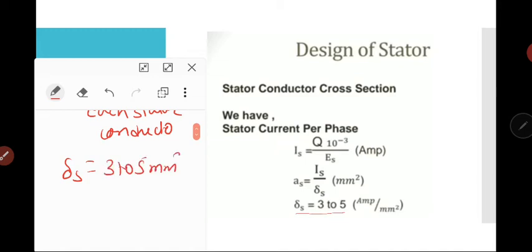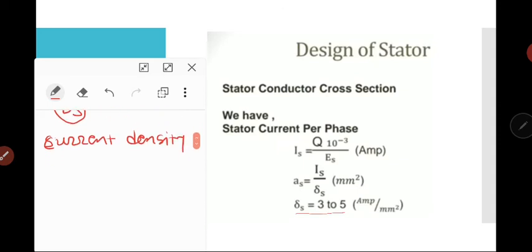What does del s stand for? Del s stands for current density in the stator conductor. So you can easily understand this when you are going to calculate the stator conductor cross section.